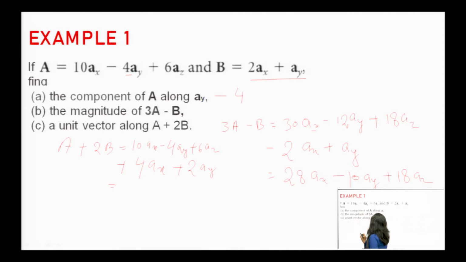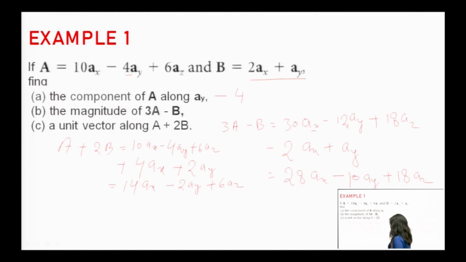After solving this we can get 14ax minus 2ay plus 6az. This is the final vector, that is A plus 2B.